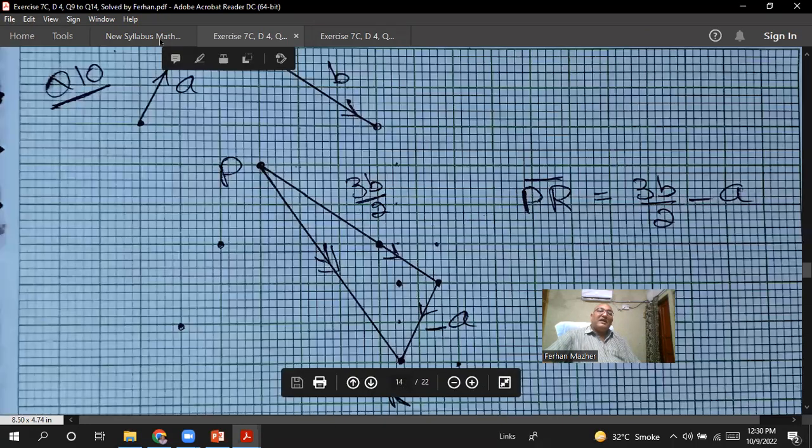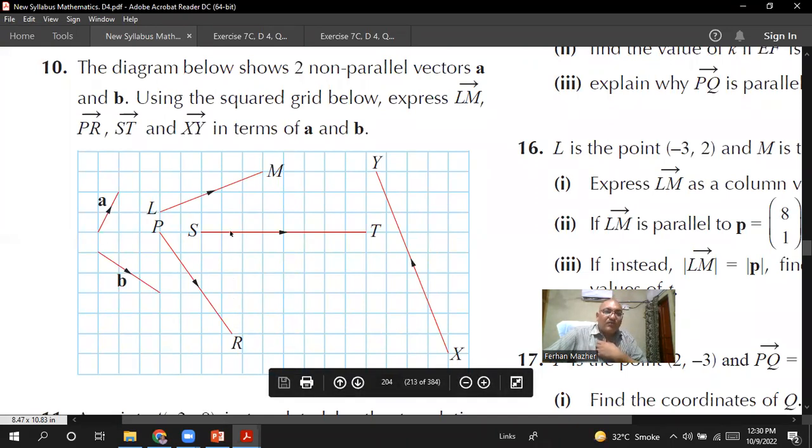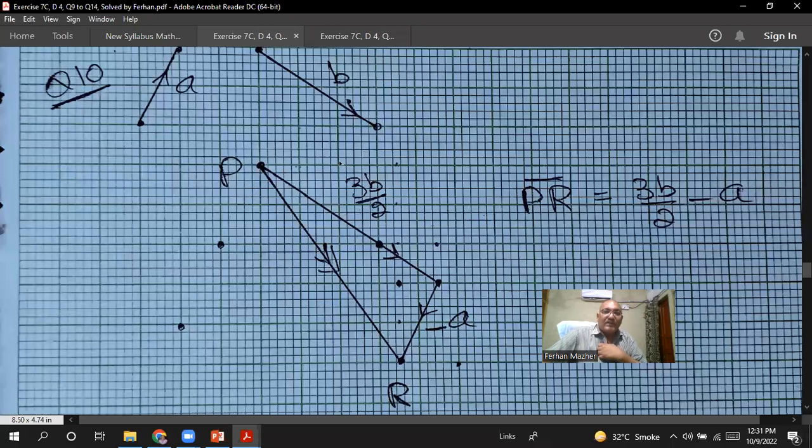You see, 1, 2, 3, 3.5. You moved 3.5 steps to the right, and then you went 1, 2, 3, 4, 5. You went 5 steps down. And you got R.